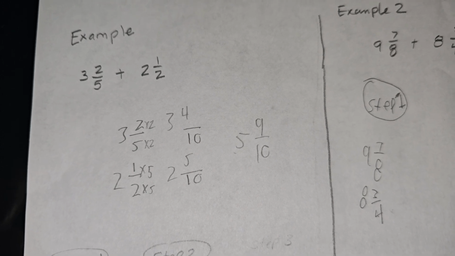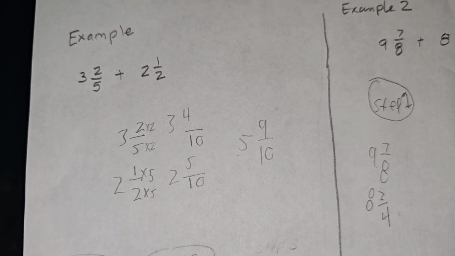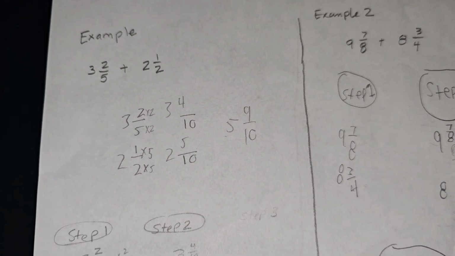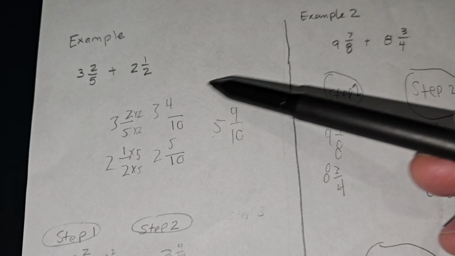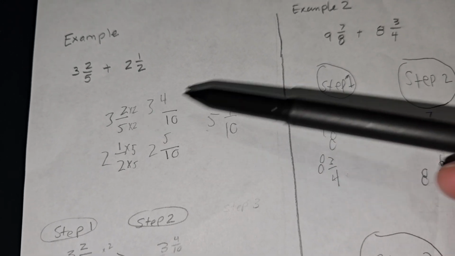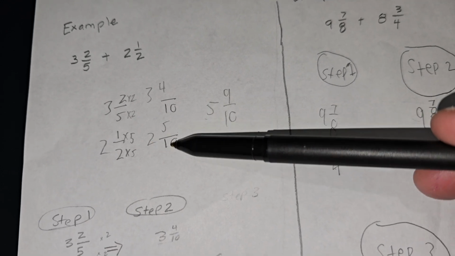The denominators are different. This one is the 5 and the other one is the 2. So we have to find the common denominator, and we find that it is the 10. So we figure that out by multiplying it by 5 over here and the fraction by 2 here to get 3 4/10 and 2 5/10.